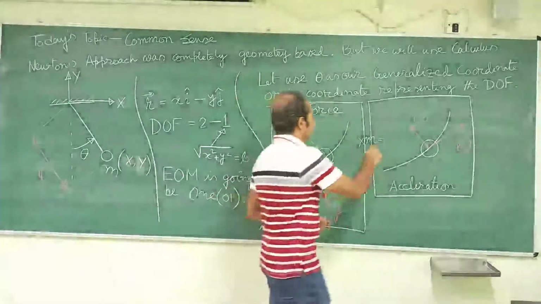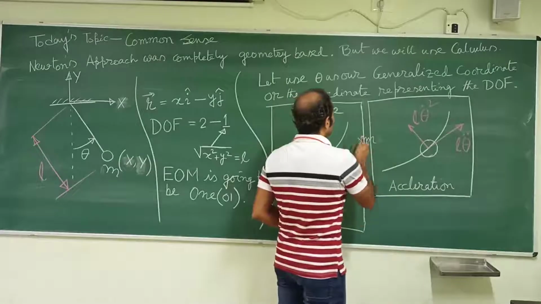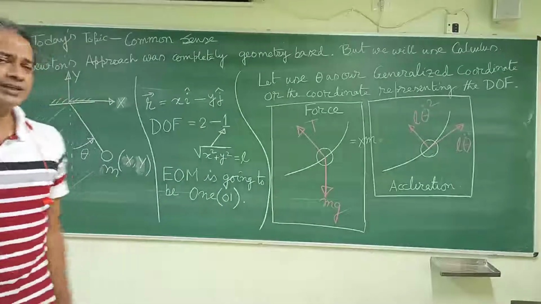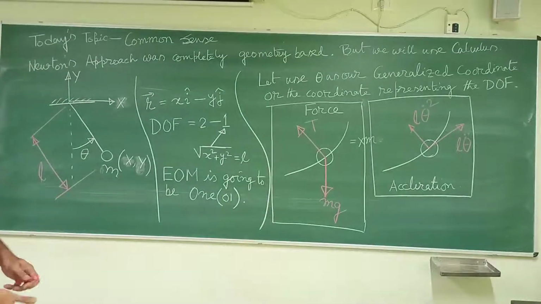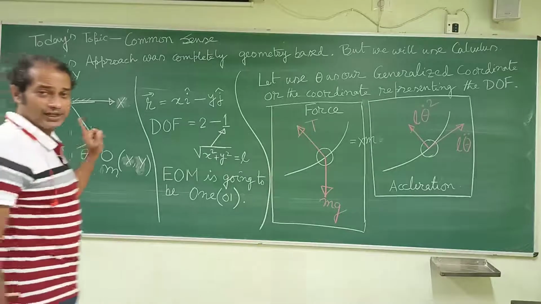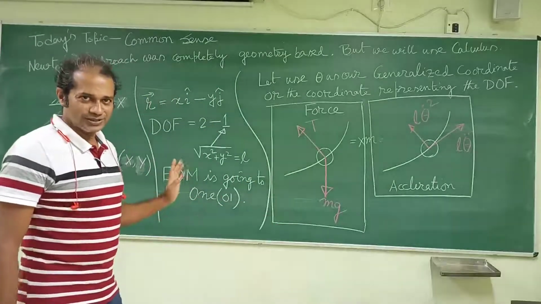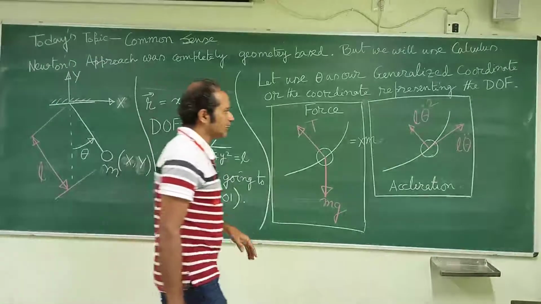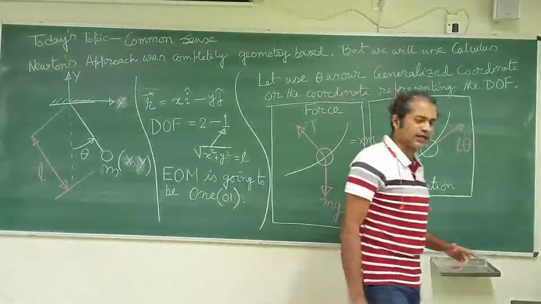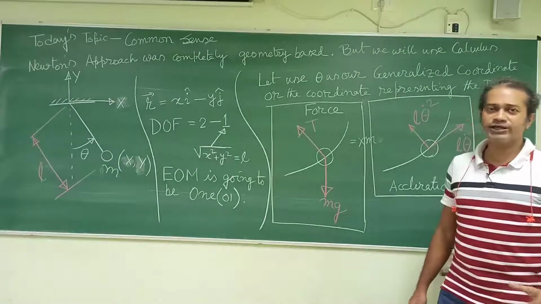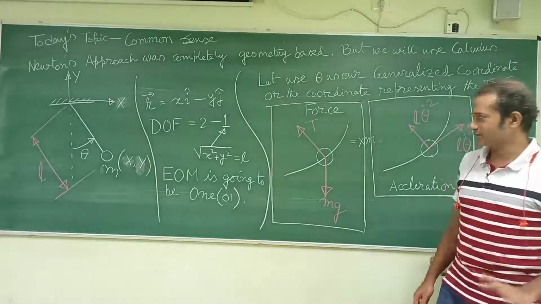After multiplying with mass m, you are going to equate it with the force. So you will be getting the equation of motion. But this method is nothing but the Newtonian method, using the help of geometry. But instead of taking the help of geometry, we can move conveniently to get the equation of motion first.